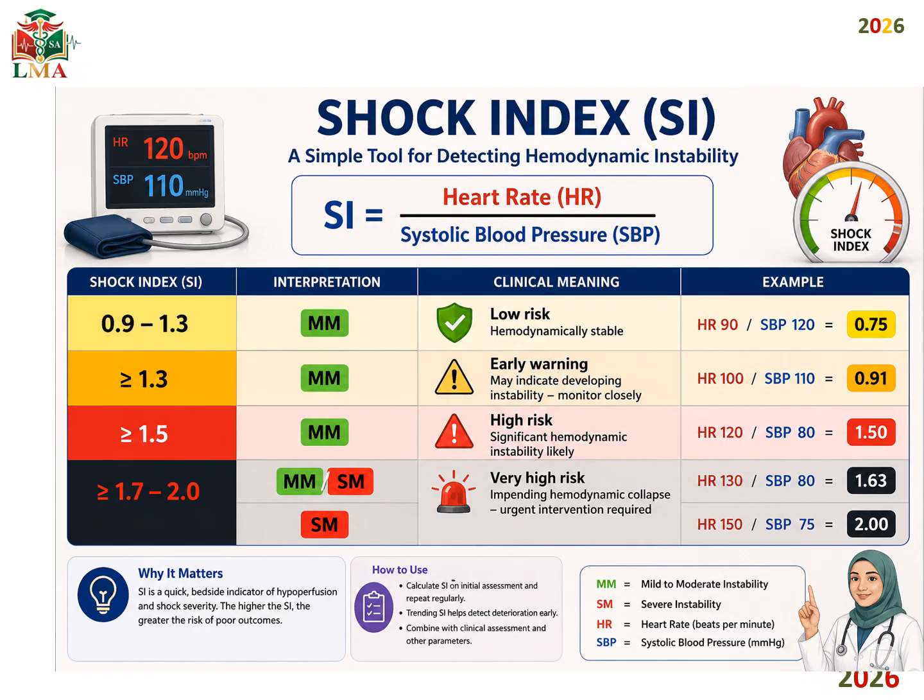More than 1.3, significant shock, you should start requesting the blood. And if it's more than 1.5, it is severe shock, so you have to start the massive blood transfusion protocol 1:1:1. Profound shock, you have to shift the patient for surgical management because the patient's life is really in danger.